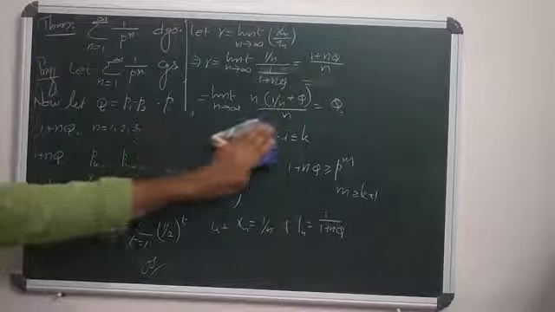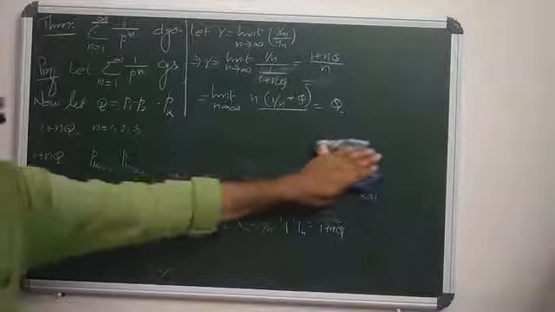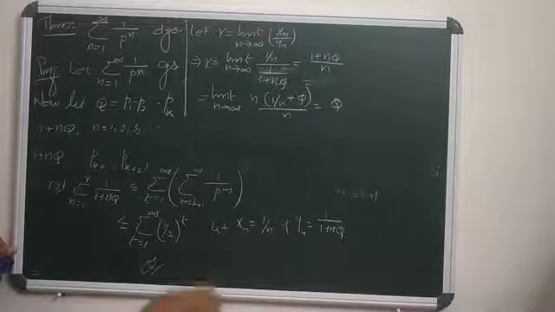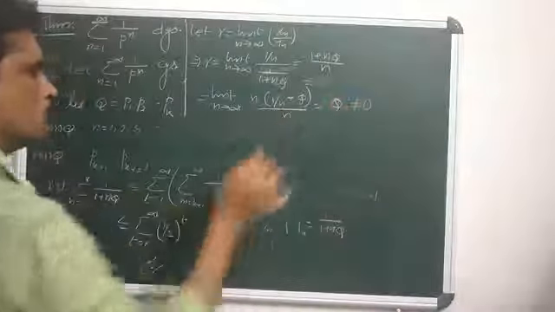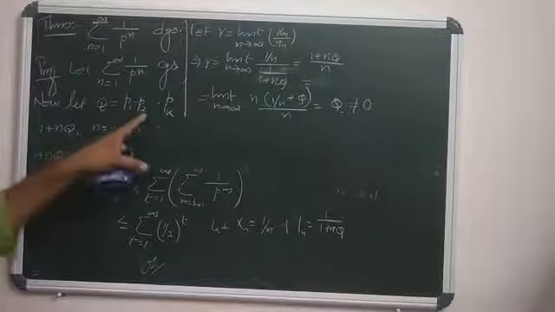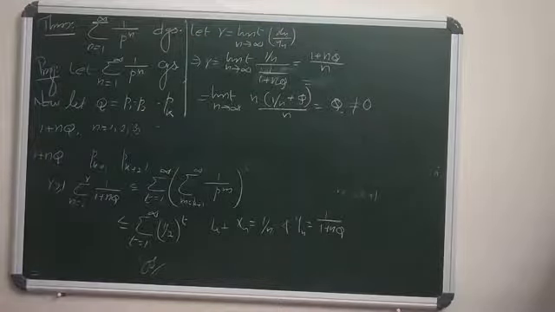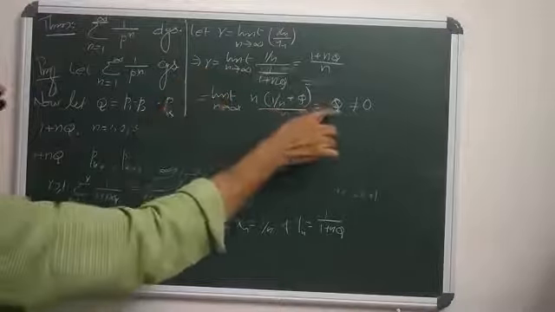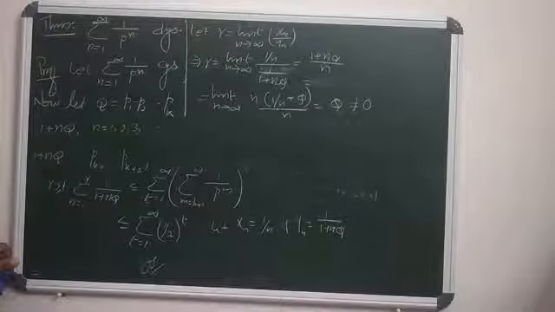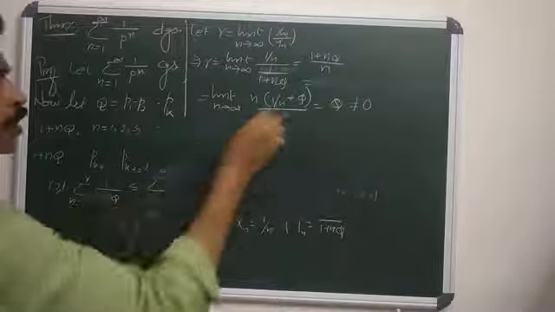So here r equals limit n tends to infinity of xn by yn, which is q, and this q differs from 0. Why? Because q equals the product of primes, each pi is non-zero, therefore q strictly differs from 0. Then r, the limit n tends to infinity xn by yn, is q, which is non-zero.